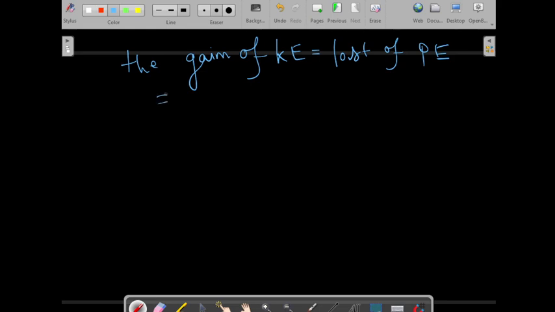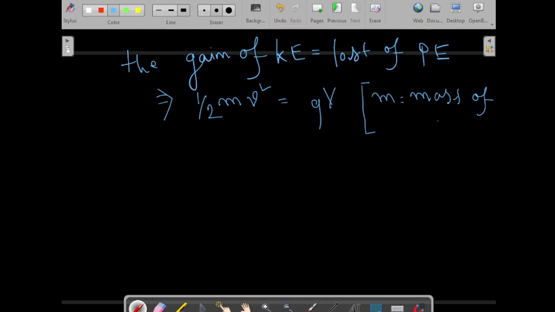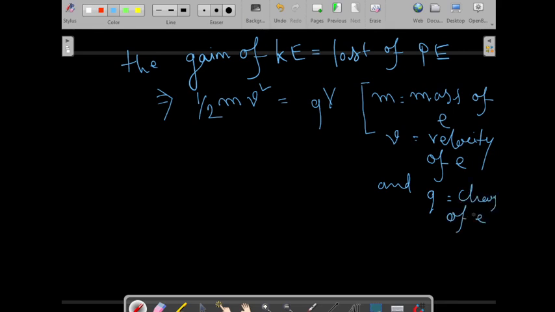So half m v square equals qV. Here m is the mass of the electron, v is the velocity of the electron, q is the charge of the electron, and V is the voltage of the electric field.